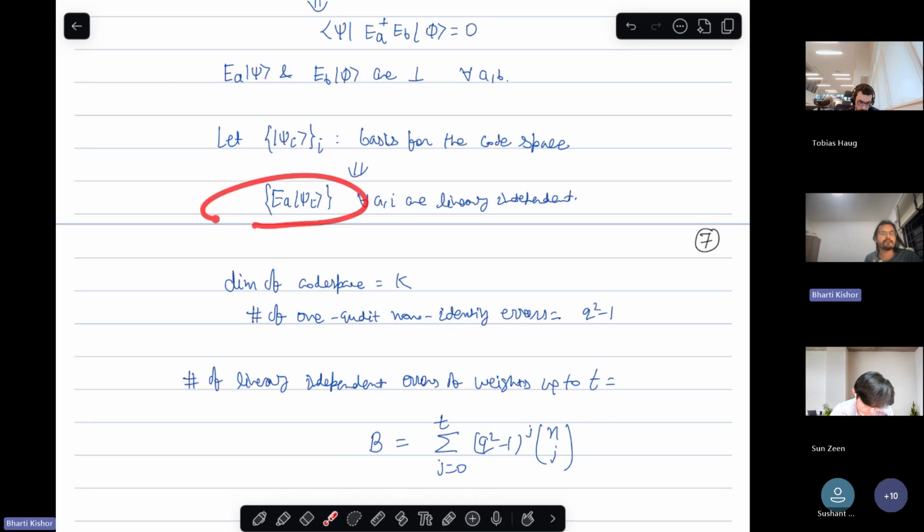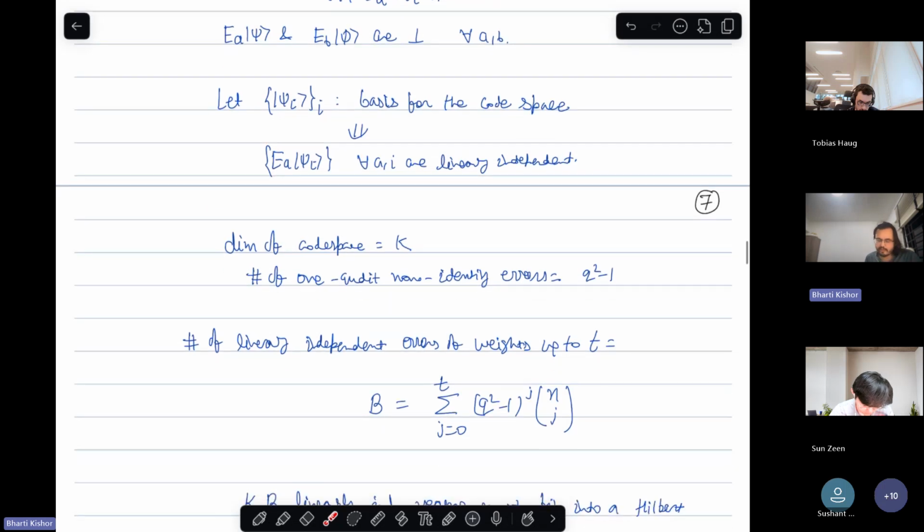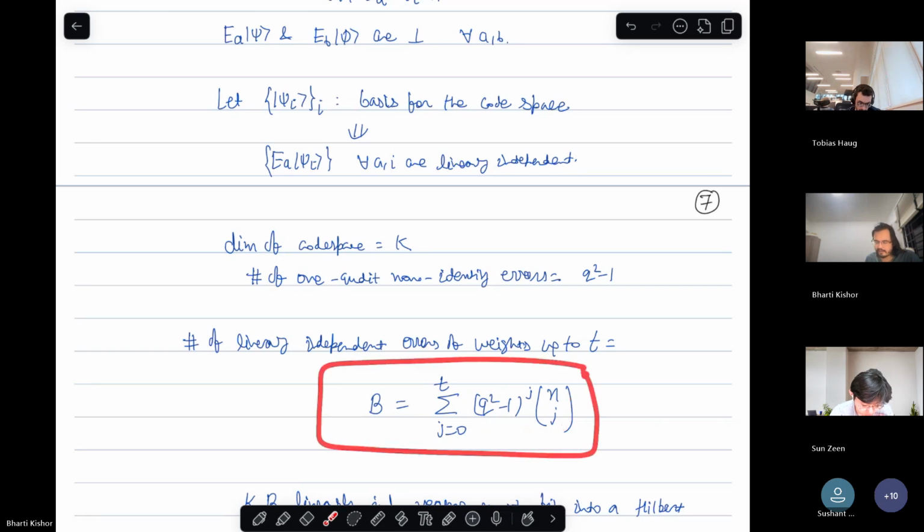Now after that, you just do the counting argument. Let's say the dimension of the code space is capital K. Let's say the number of one-qubit errors that can happen is q squared minus 1. So for q equal to 2, you have 3 possible errors, X, Y, and Z. The number of linearly independent errors of weight up to t, you can count, will be n choose j times (q squared minus 1) to the power j.